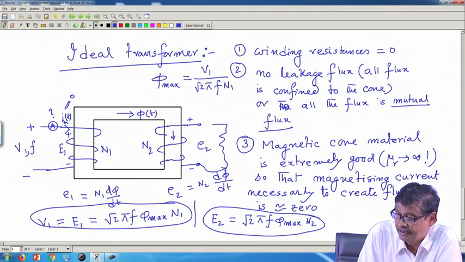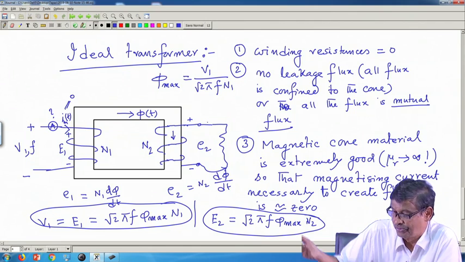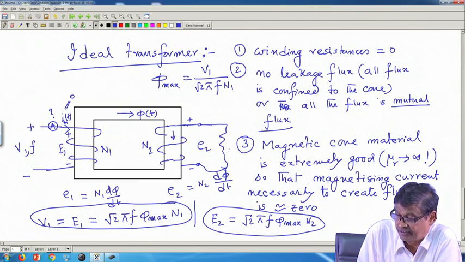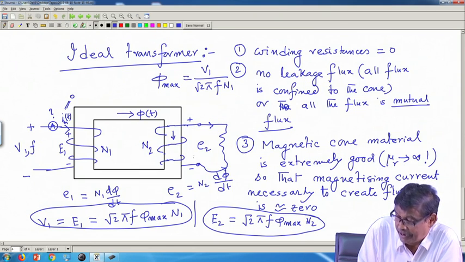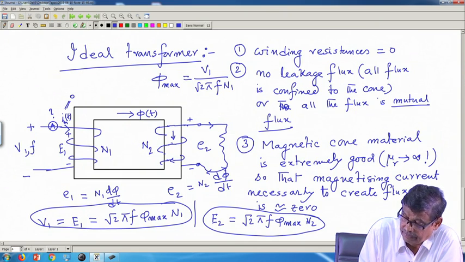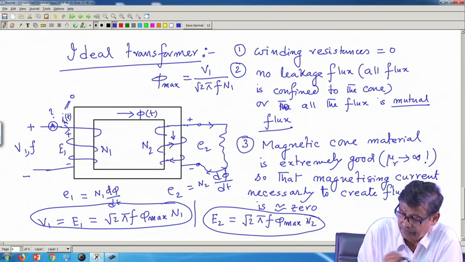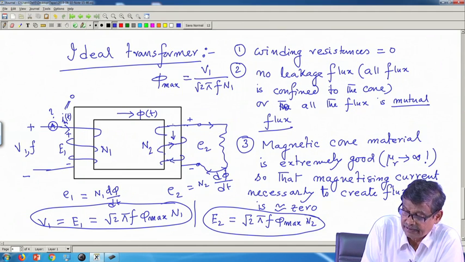If this EMF is allowed to act on its own on an external circuit like R that you have connected, then at that instant it will try to send current in this way, because this is the battery, it is the source. Current comes, current goes, like this.